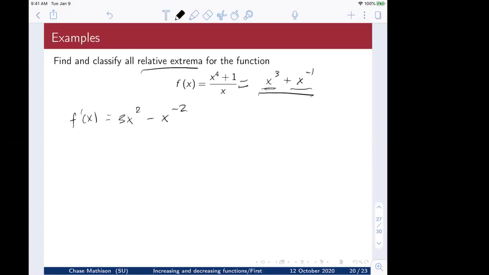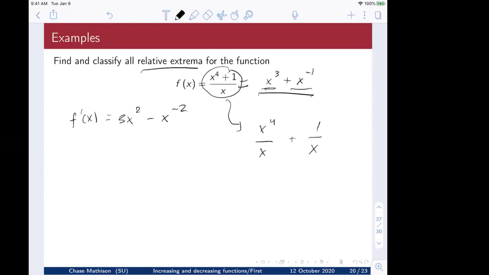Okay. Excuse me. Can you explain how you got x cubed from how you rearranged f of x? Yeah, definitely. So I'm adding two things over one denominator, right? So the idea is I can break this up into x to the fourth over x plus 1 over x, right? Normally we go the other way. Normally we get a common denominator and then write it this way.